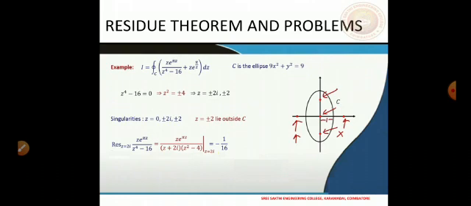Except for this z minus 2i term, the rest is considered here, and then we take the limit z equal to 2i. We got minus 1 over 16. Similarly, for minus 2i also we can evaluate this, and the same number, minus 1 over 16, will come. So these are the 2 points that we have evaluated.